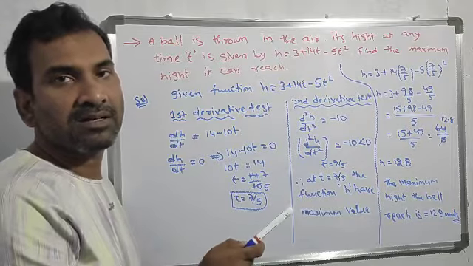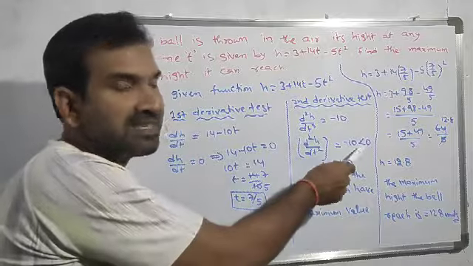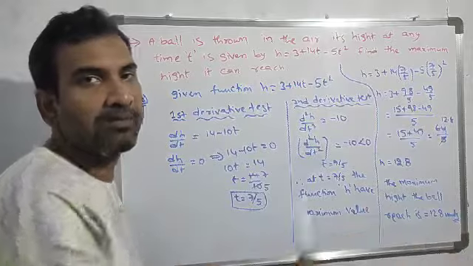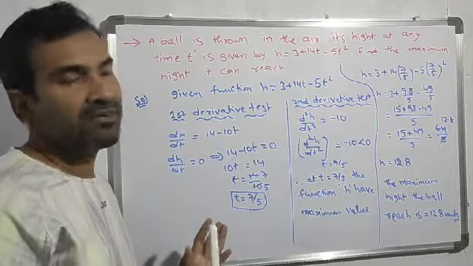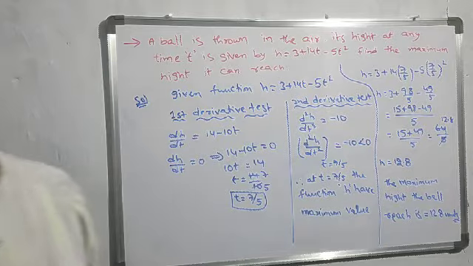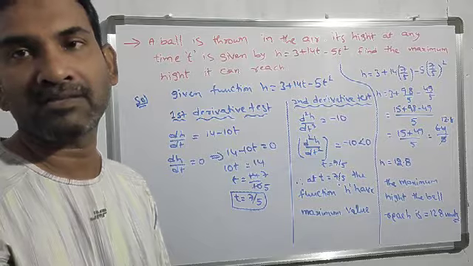Depending on the sign, if it is less than 0, it gives the maximum. If it is greater than 0, it gives the minimum. Understand? So like that we can complete the problems in maxima and minima. Observe it carefully and practice the problems.